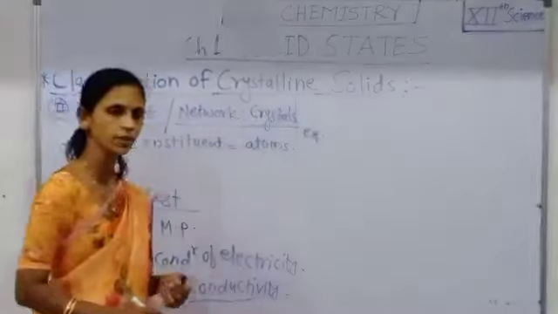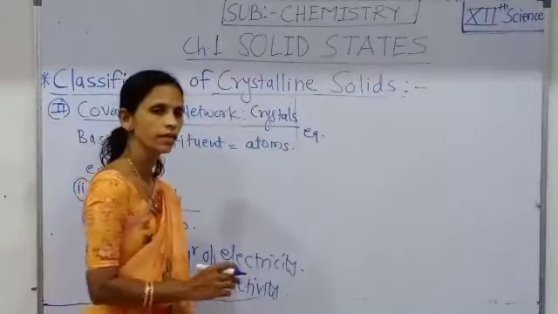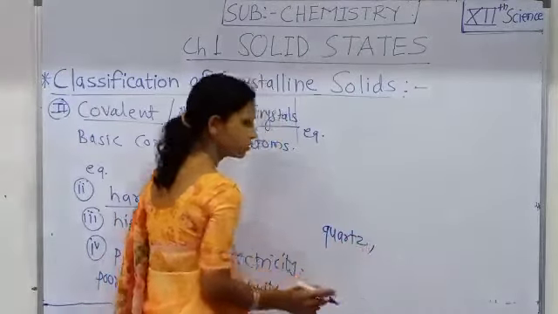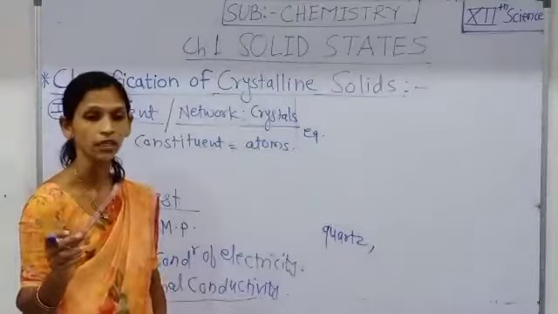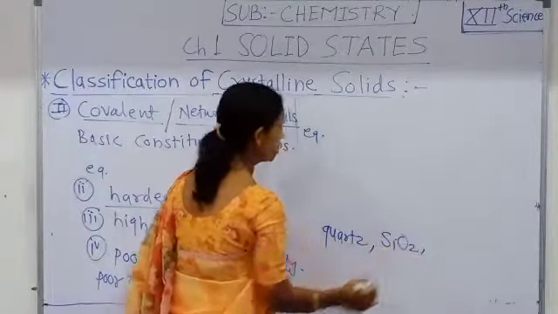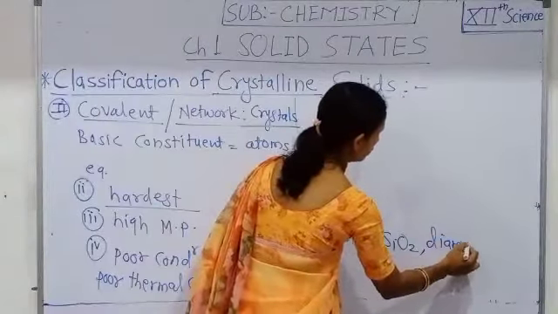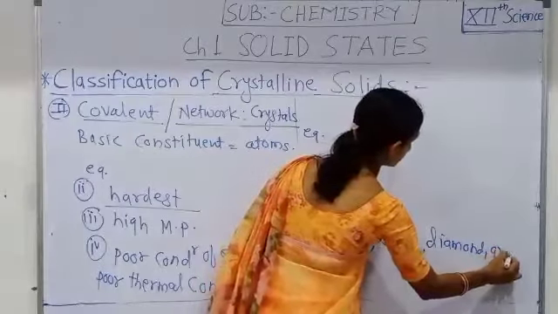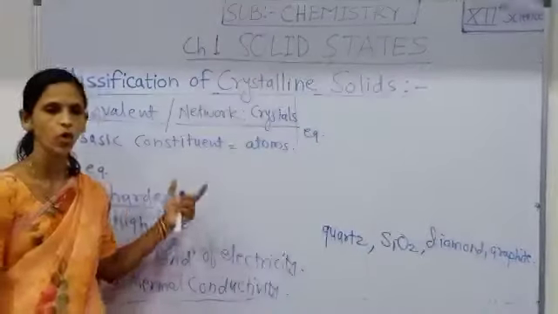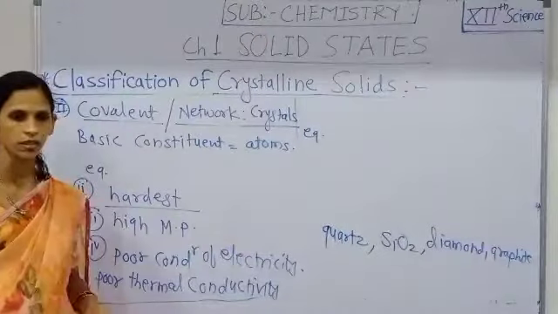A few examples of covalent or network crystals are quartz, which is nothing but SiO2, silicon dioxide, as well as diamond and graphite.